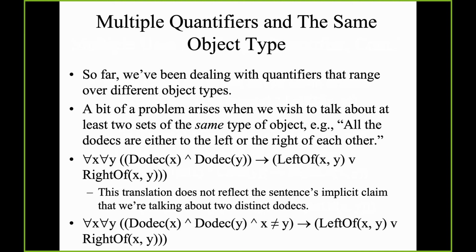How do we specify that the dodecs are two different sets of the same object? Well, we do that by asserting that the x's and the y's aren't the same. If we were using the same variable, it would look weird and feel awkward. How is an x not equal to an x? But we could, in principle, do that.